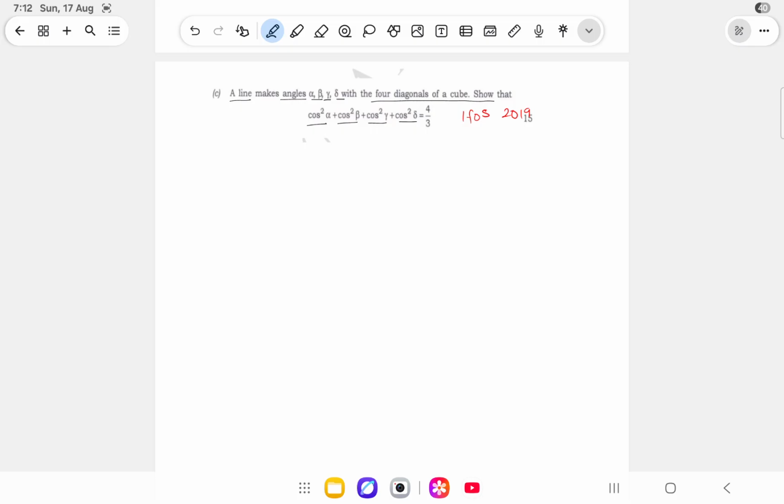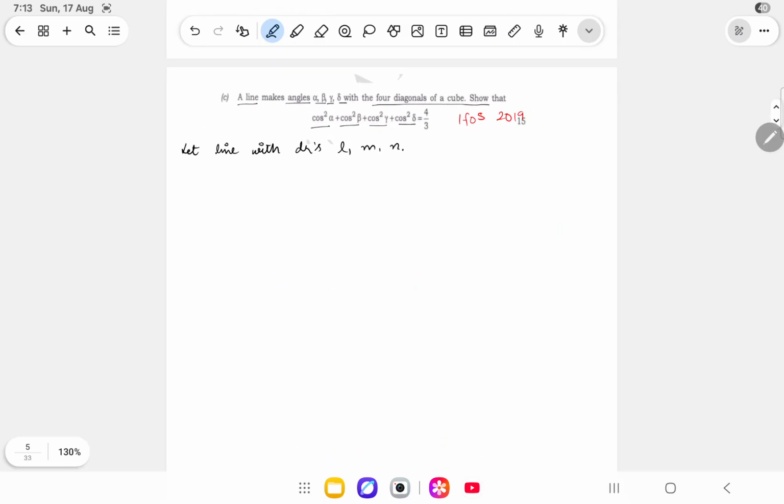So let us assume a line with some random direction ratios. So there is a line with direction ratios L, M and N.